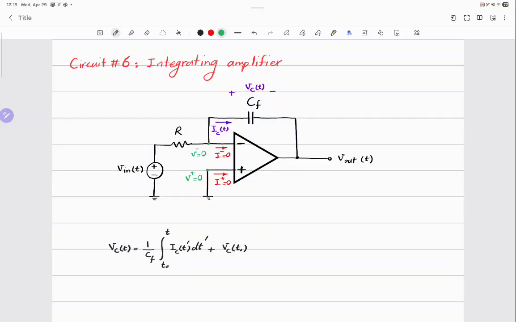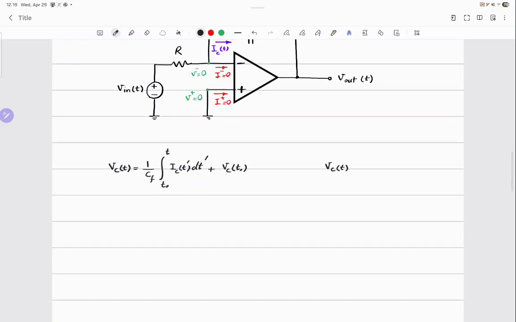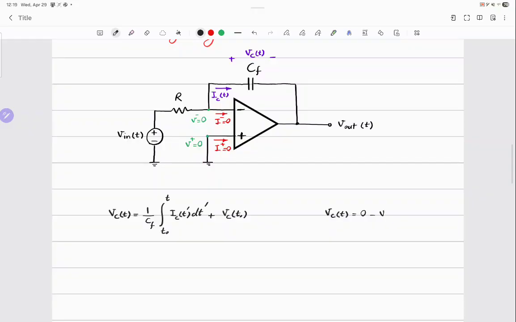Now, can you replace VC(t) by a better expression of variables? VC(t) is equal to 0 minus Vout. How about IC(t)?